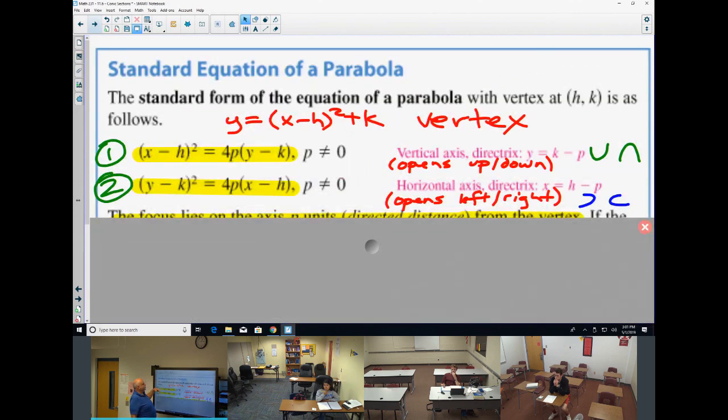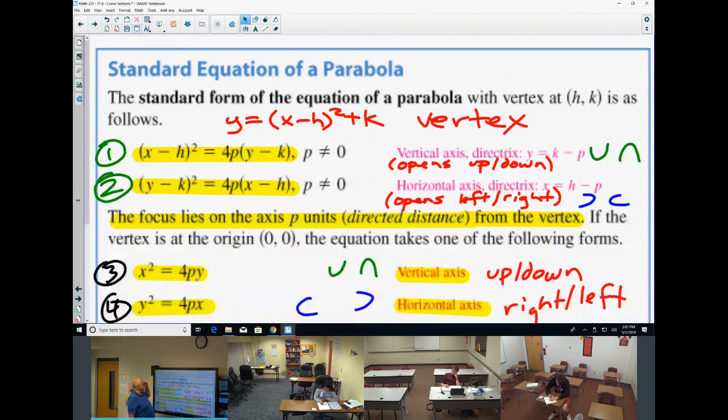Okay, so these are the notes, finally. So I know this is the equation for the vertex that we use in Math 152, but these are the four equations that we use really in trig and in calculus. In each case, the vertex is at (h, k).